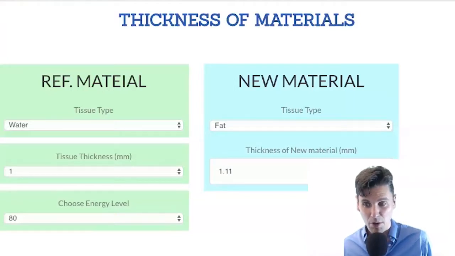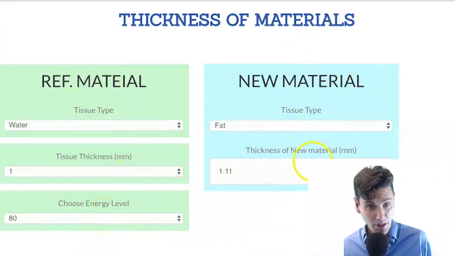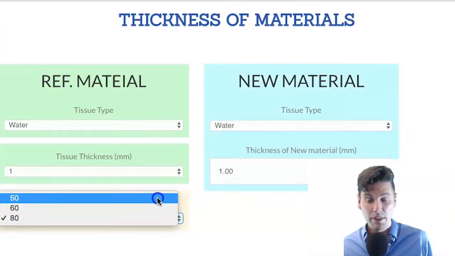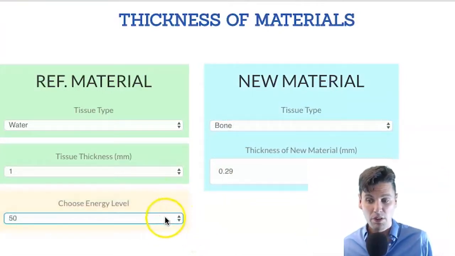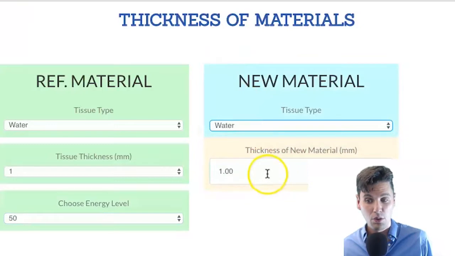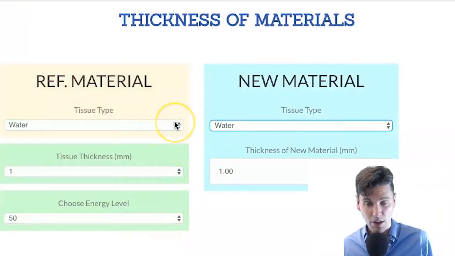And so we have what we're calling the reference material, the first material, and then the new material. Let's start them out equally matched. One thing I want to tell you is that when we switch this energy level down here, it's going to set us back to a reference scenario. So anytime you switch the energy level, switch it first and then do your materials after that.